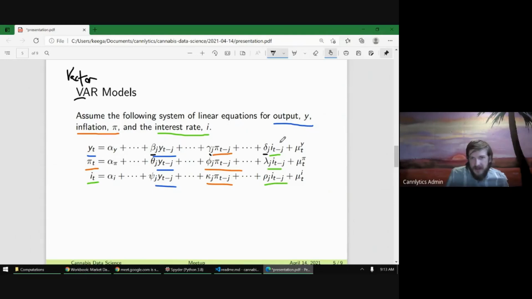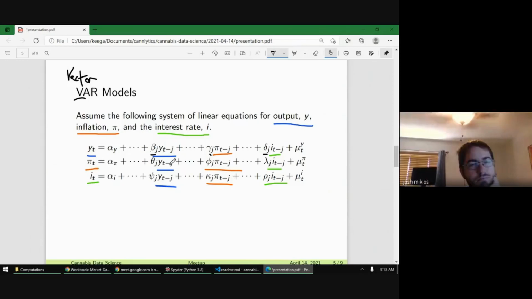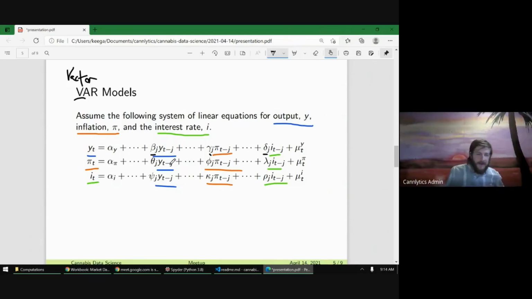So we're not necessarily saying that output depends that much on interest rates, but we're going to find out. And similarly, inflation depends on the amount produced, as well as, of course, inflation from the previous period. And then economic theory suggests it also depends on the interest rates.